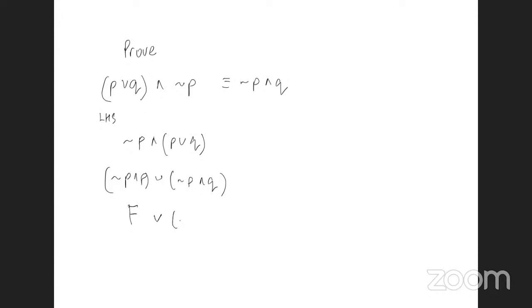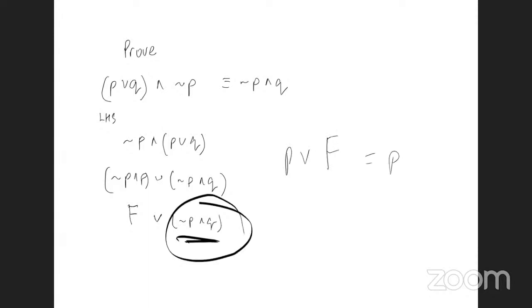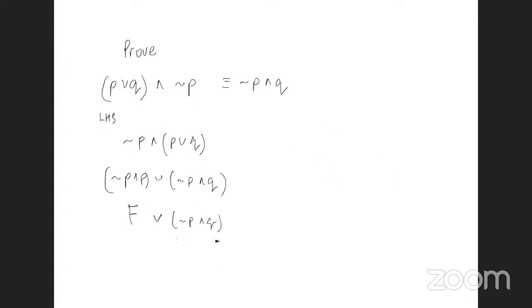Or the negation of P and Q. This here is false. And lastly, what is false or anything? Anything. If you look at the rules, P or false is P. This whole thing here is P. So we'll end up with the negation of P and Q, and you're done. That's it.